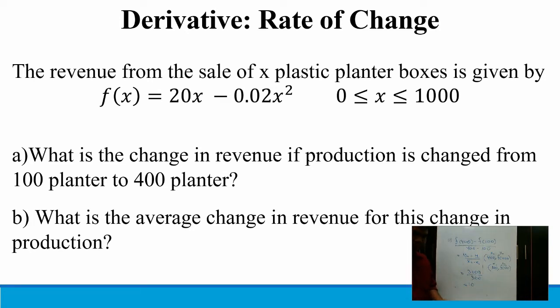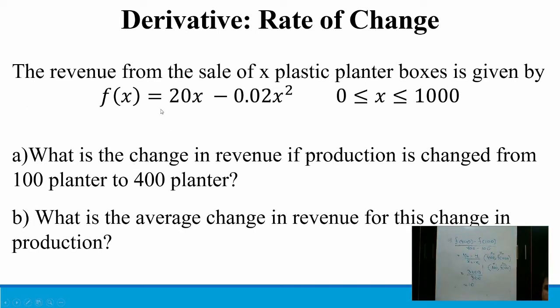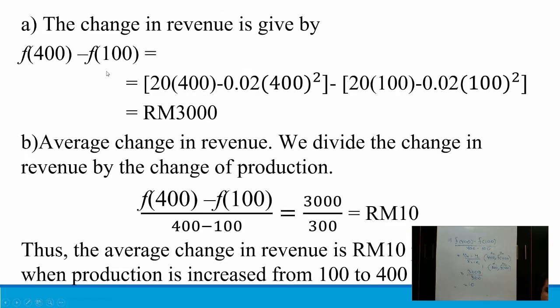Please look on the screen, where I put the values for 400 and 100 inside this question. This is how you solve for number A, and this is how you solve for the average.